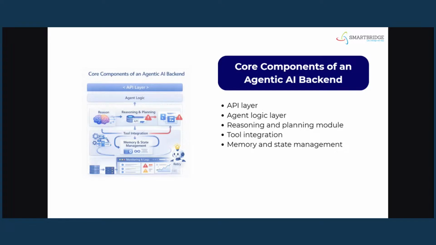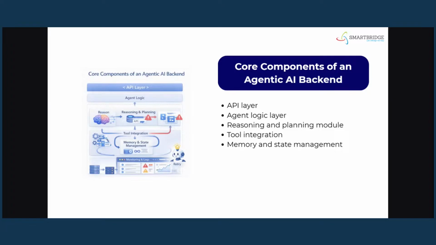All of this happens behind the scenes. The user never sees it, but they experience its effects. When the system works well, it feels natural. When it doesn't, it feels broken. Understanding these components helps you understand why building agentic AI is as much about engineering as it is about intelligence.